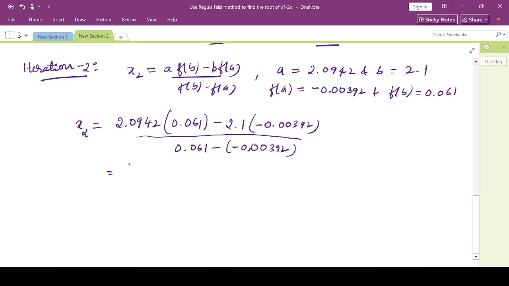So on calculation you will get this value is 2.09455.